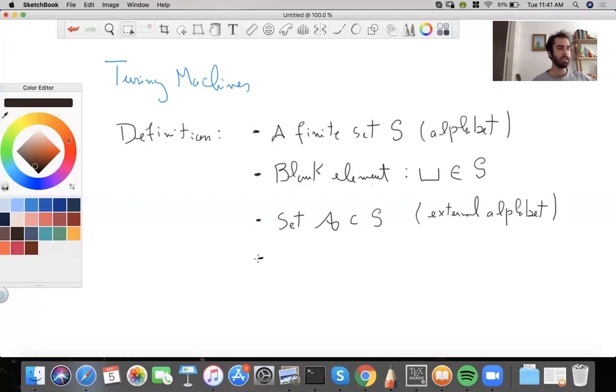We're going to need a finite set Q, which is the set of states of the Turing machine. Okay. So every element of this is a possible state the Turing machine can be in. We're also going to need an initial state, Q0, initial state.